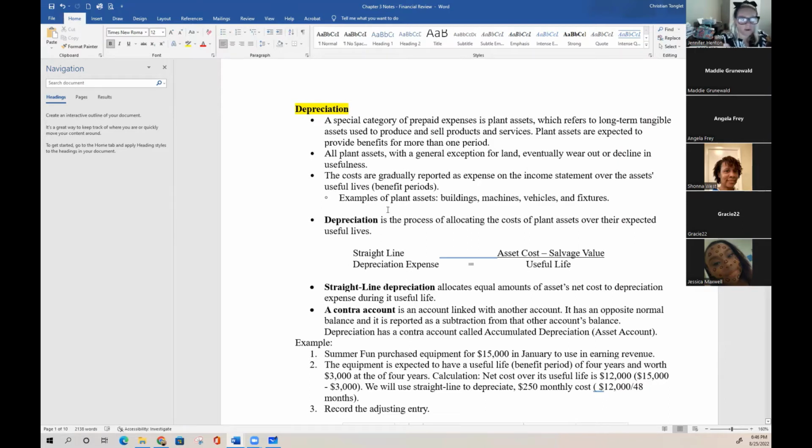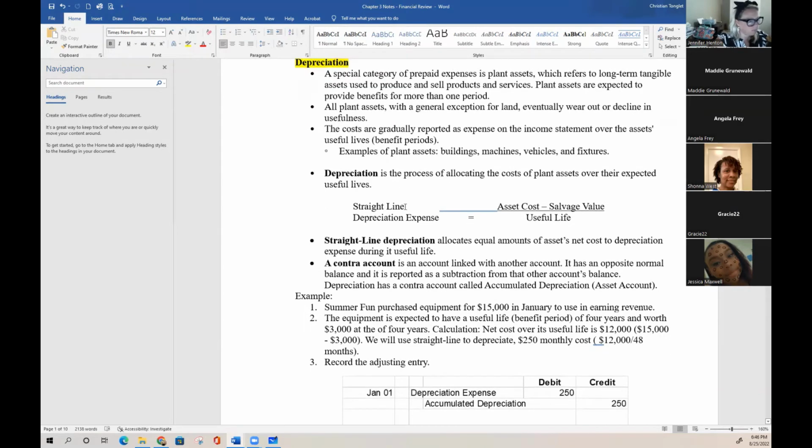So we're going to record a little bit as we go. This is the formula. Depreciation is the process of allocating the cost of the plant assets over the expected useful life. Straight line equals the asset cost minus the salvage value, which will be given to you, divided by the useful life.